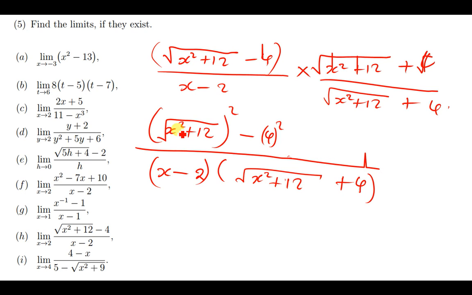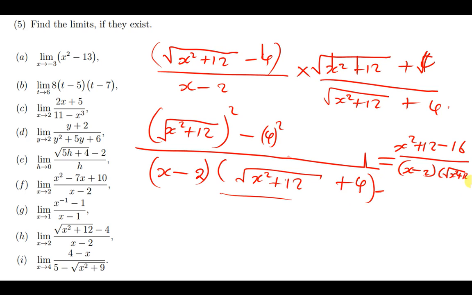So on top there, when you simplify, you're going to have x squared plus 12, then minus 16, then everything divided by this expression here. I can't write everything here, so you write everything like that, up to plus 4.